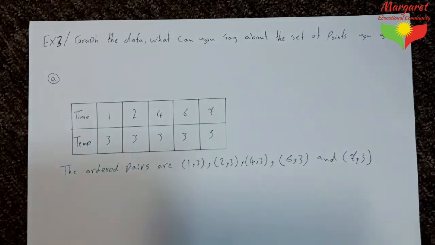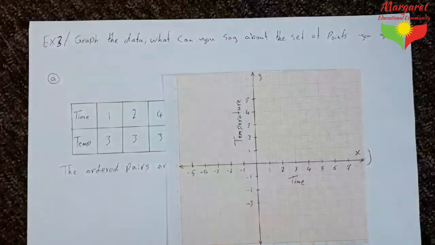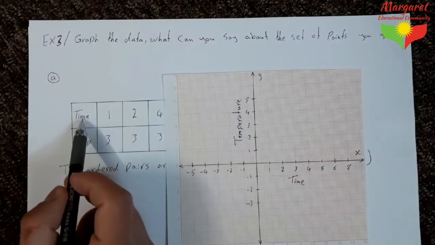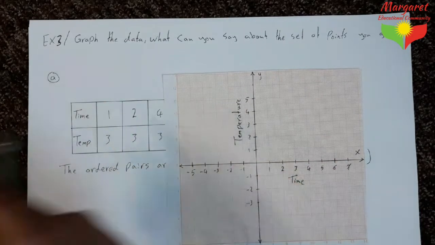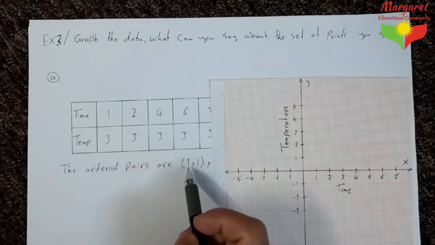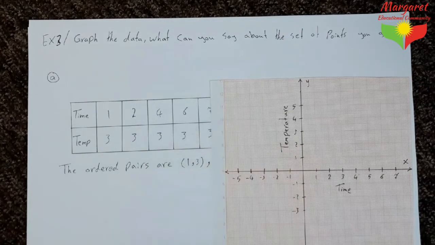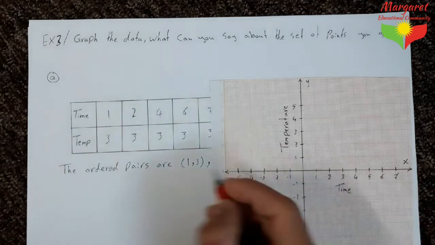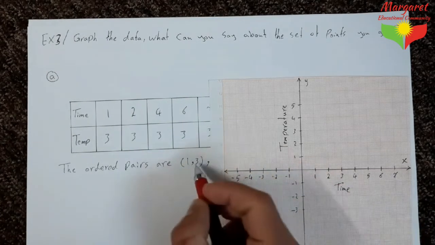Now draw the x-axis and y-axis. The x-axis represents the time and the y-axis represents the temperature. So to plot the point 1, 3, start at the origin and move 1 unit to the right and 3 units up.